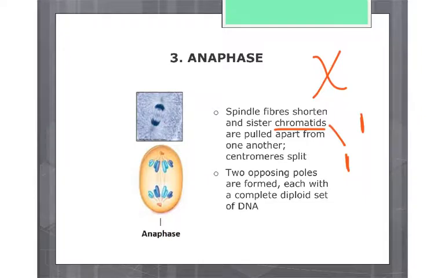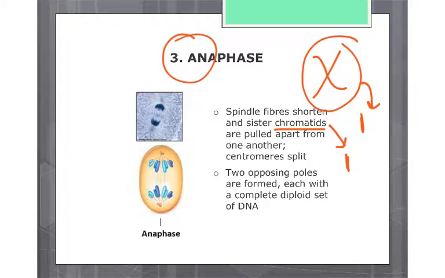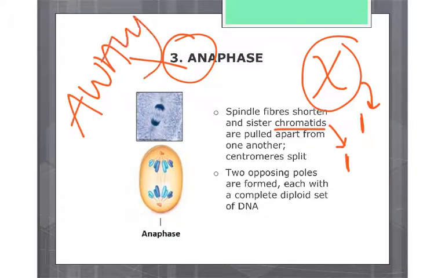So that X chromosome, which I have here, has been pulled apart into one sister chromatid and another sister chromatid. This is where these chromosomes are going to be split. Best way to remember it is anaphase starts with an A, away.